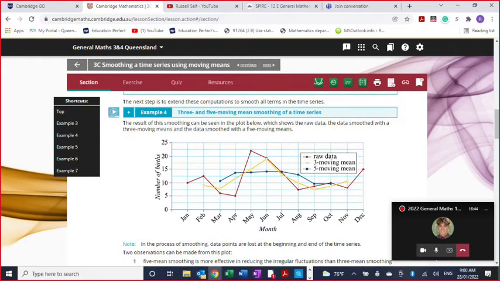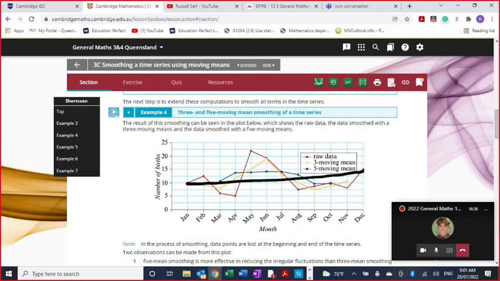When you look at the data here, look at this graph, the red line represents the raw data. And if you look at the raw data, you can see that it's all over the place. Now, we could draw a line from there to there, and that's a trend line, and that trend line looks as if there's a slight increase, perhaps, but it's so flat that it would be difficult to say it.